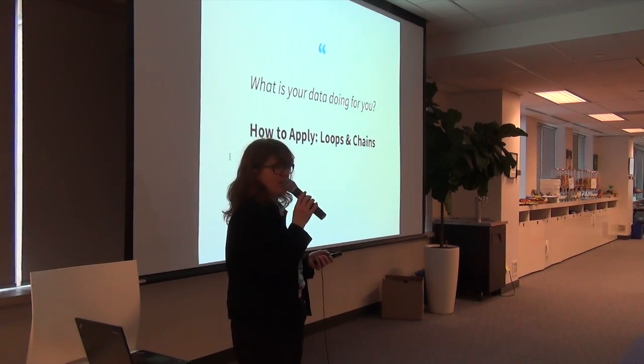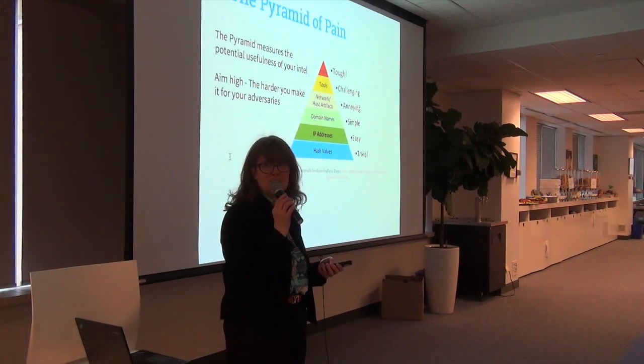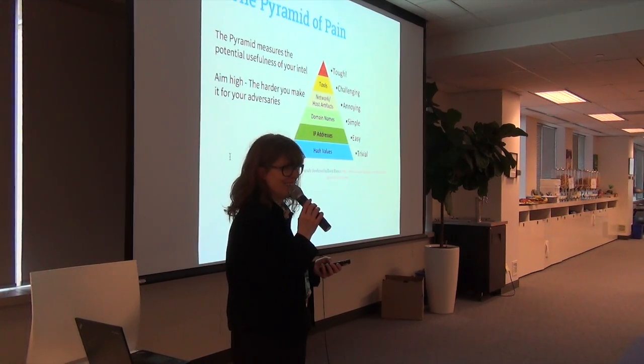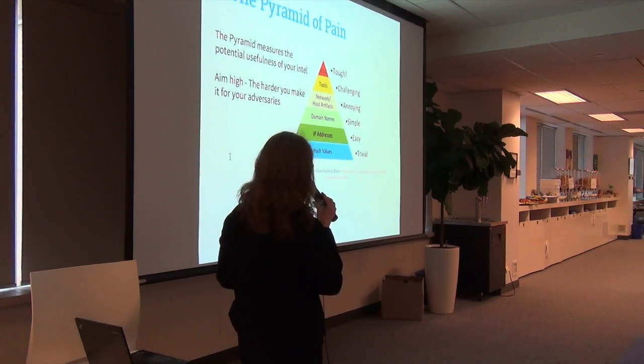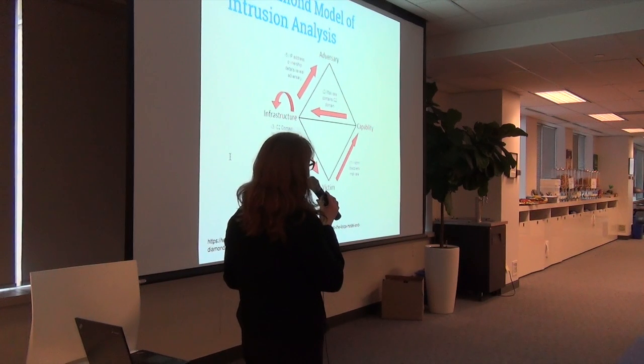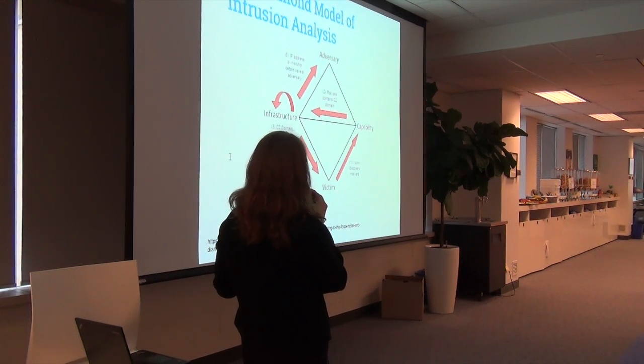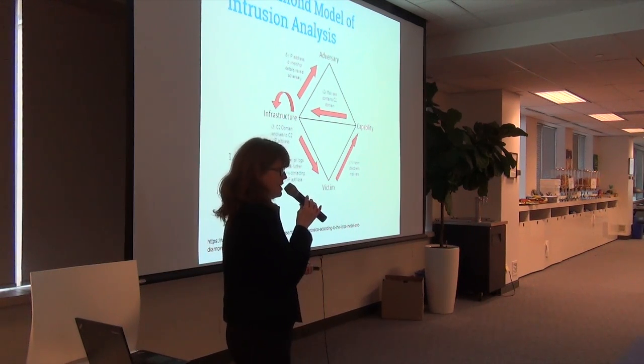So finally, we'll have a little bit of fun with some loops and chains. Is everybody familiar with the pyramid of pain? Good. Okay. Well, we'll go on from that. Let's take a more strategic stance and up it. You can go to the diamond model.